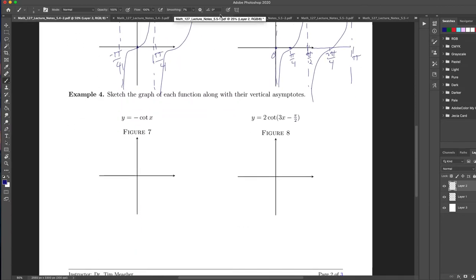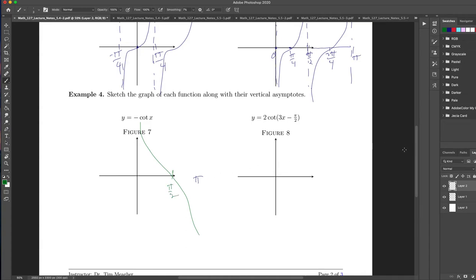Here, let's do cotangent. So minus cotangent. Notice the normal cotangent comes down, looks like this. So here's pi. So our normal cotangent looks like this, and it comes through at pi over 2.